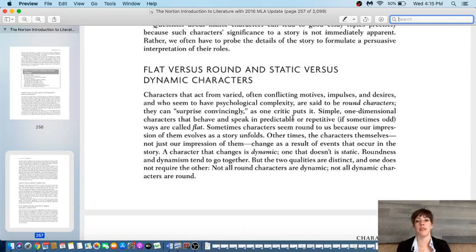Flat and round, a better way to say it is static versus dynamic, because static means still, unchanging, almost like a stereotype or a trope, whereas dynamic means robust, changing. We want both our protagonists and antagonists to be dynamic characters, because that's generally where the resolution comes from, those dynamic characters pushing themselves, changing, and growing.